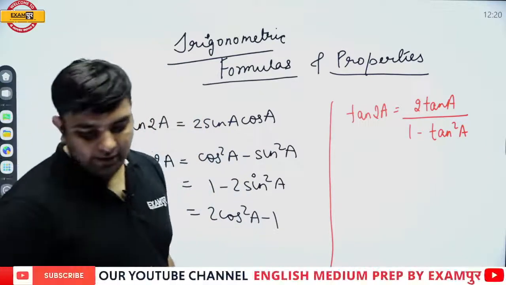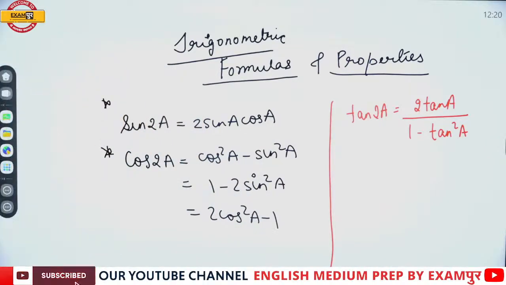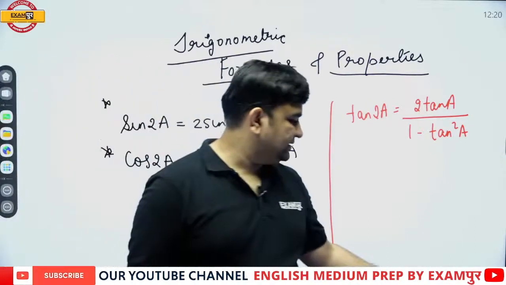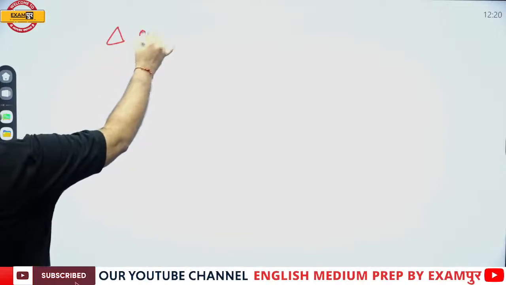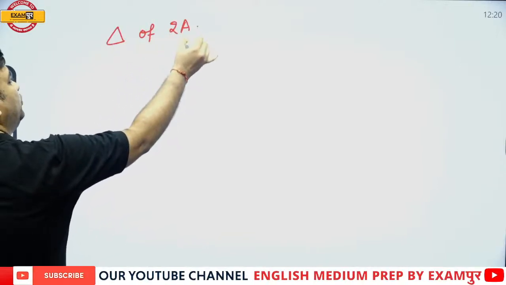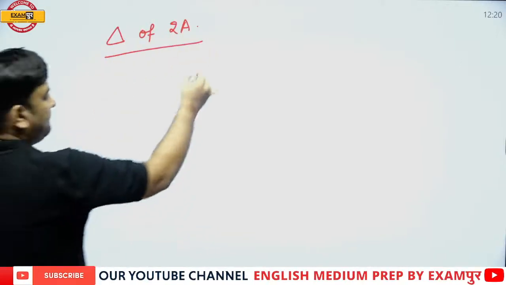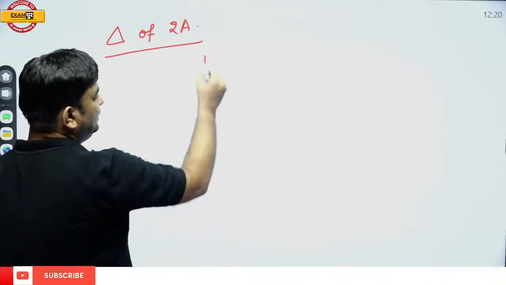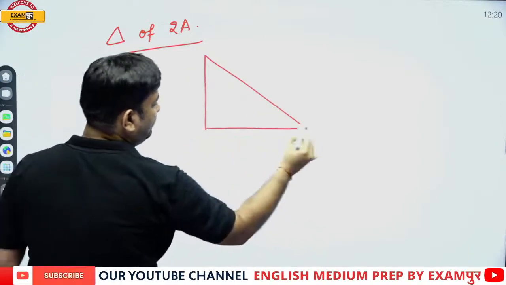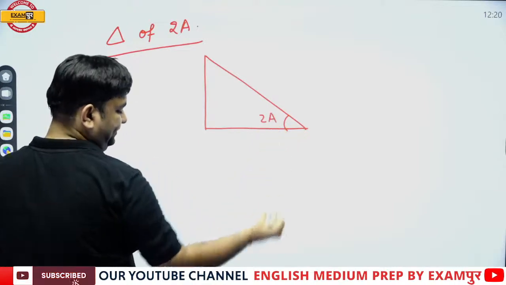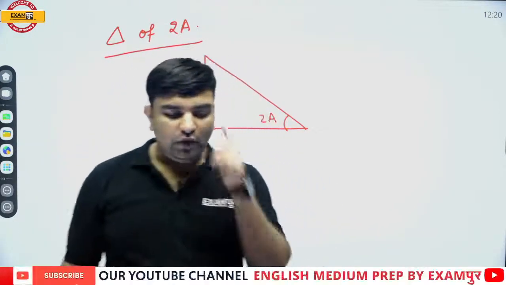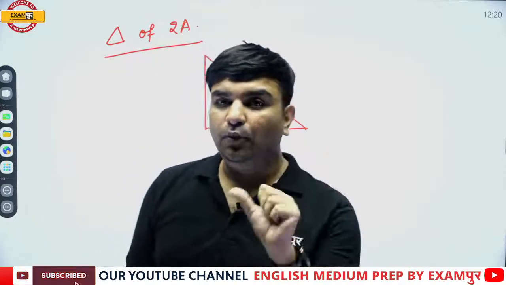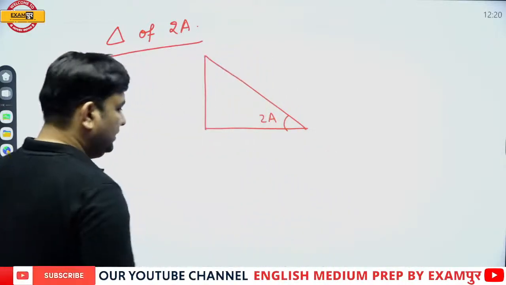Now make the next heading as triangle of tan 2a. Triangle of 2a. Guys, what was our tan 2a? 2 tan a upon 1 minus tan square a.